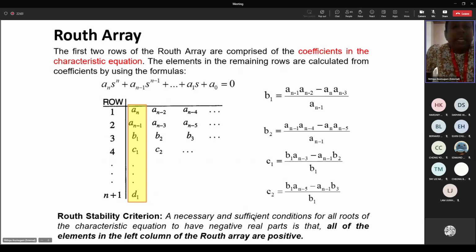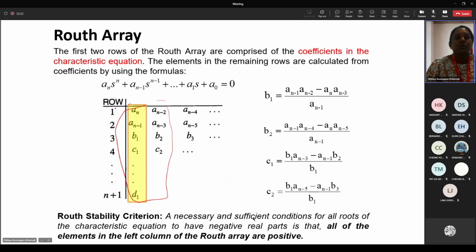Now, the root array is how they project the information from the complex plane in row and column form. The first two rows of the root array comprise the coefficients in the characteristic equation, meaning these two. The elements in the remaining rows are calculated from the coefficients by using the formula.